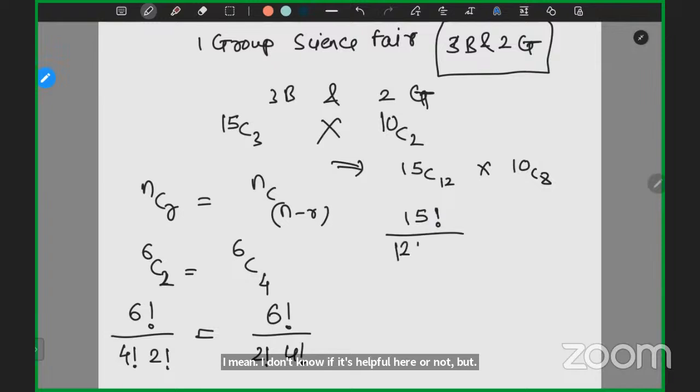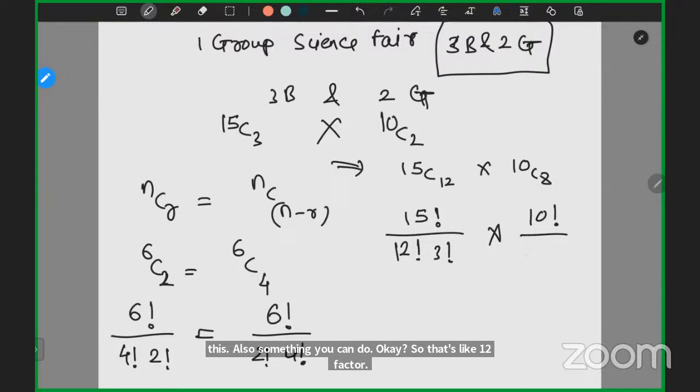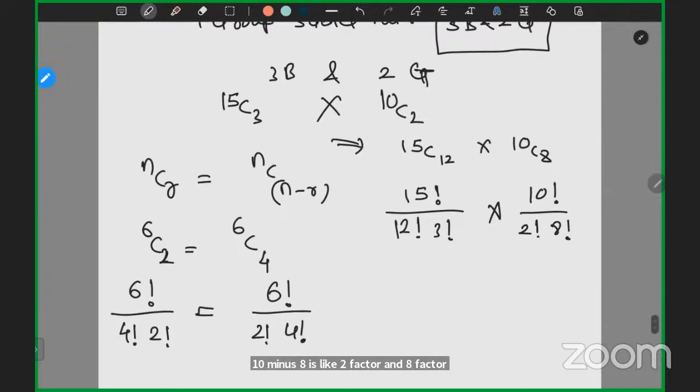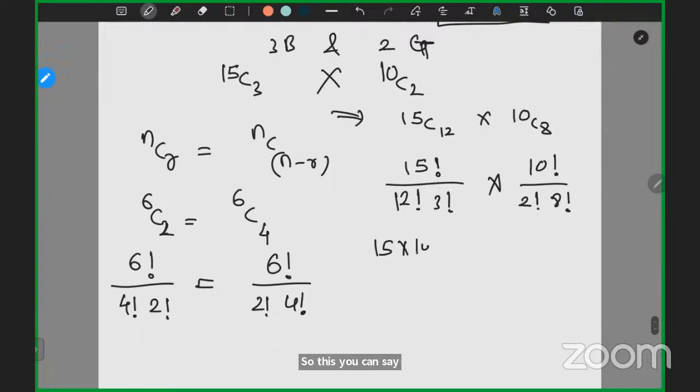That's 15 factorial over 12 factorial into 3 factorial, and 10 factorial over 2 factorial and 8 factorial. So you can say 15 into 14 into 13 divided by 3 factorial. You had 12 factorial, which you cut with this. So that's it.